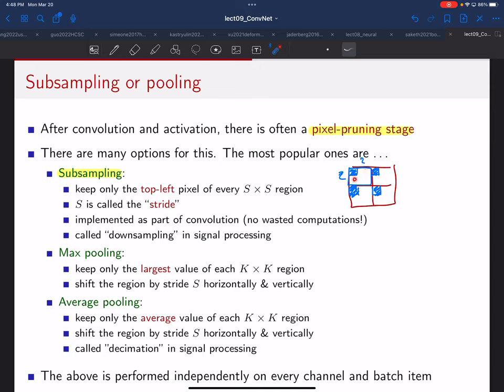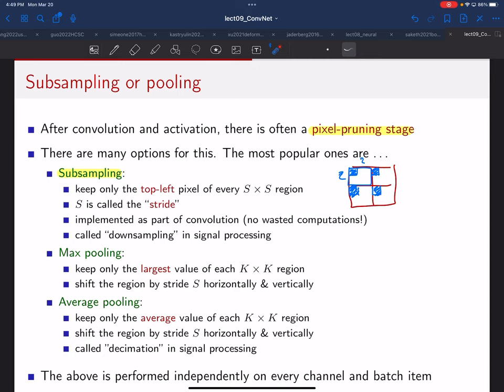It doesn't make sense to compute those outputs if you know you're going to throw them away. So this is implemented together with convolution in a smart way so that when you do the convolution, it simply only computes those outputs and it never computes the other ones. That way you're not wasting any multiplies.